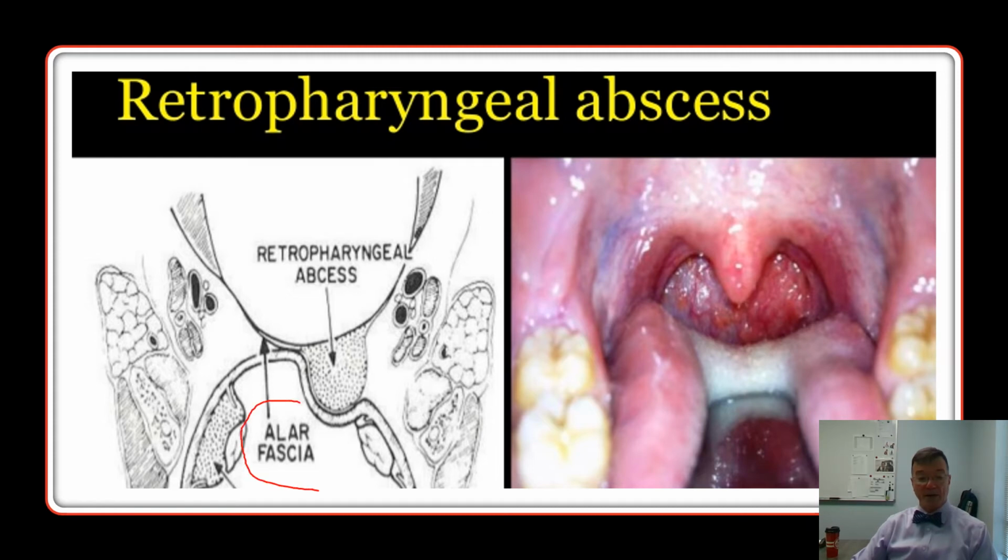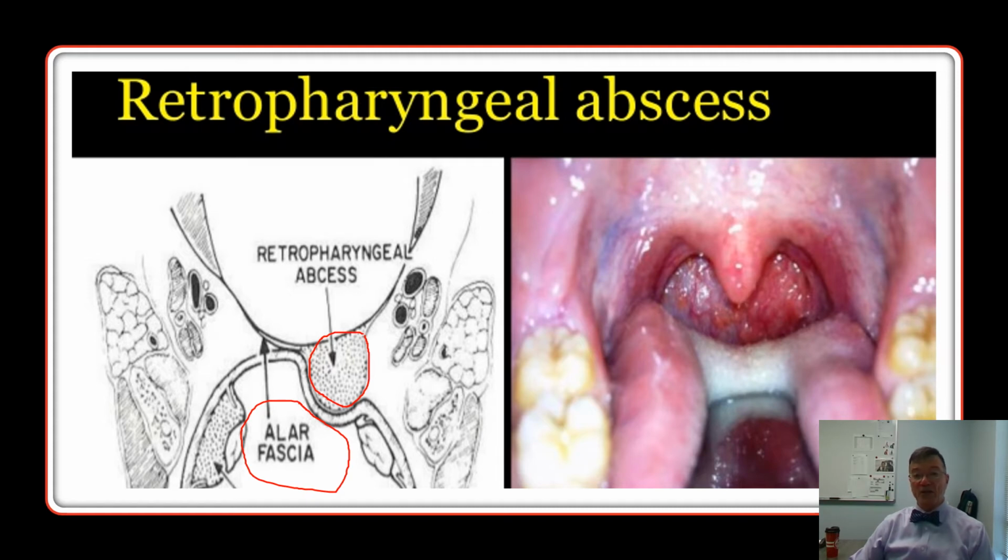This area here is being compressed by this abscess here. On the right-hand side, you can see how this looks. It's almost like there's a small golf ball right behind the uvula.